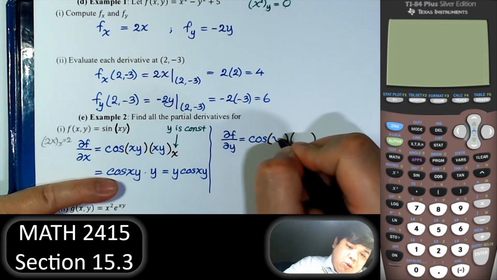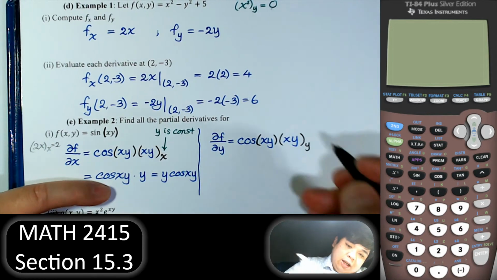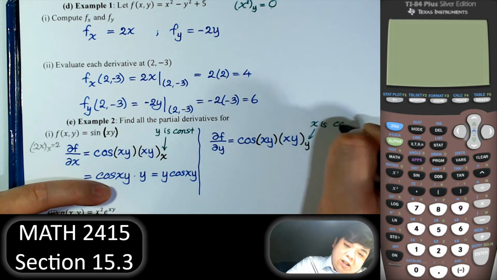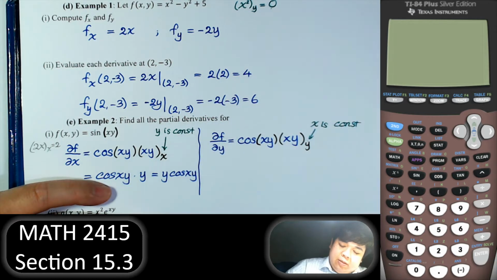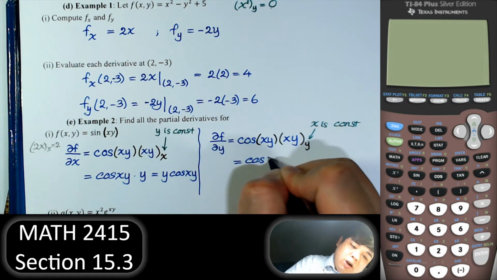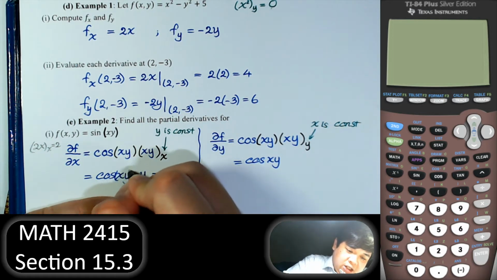Inside the parentheses is xy, and with respect to y, x is a constant. So we still have cosine of xy.